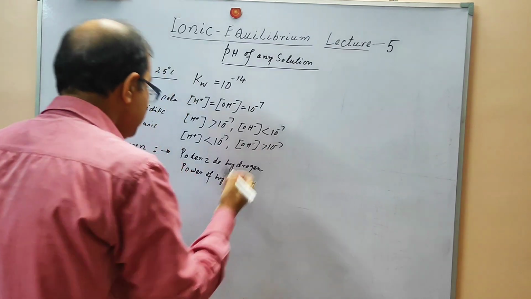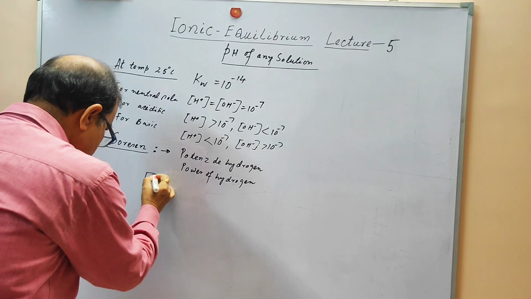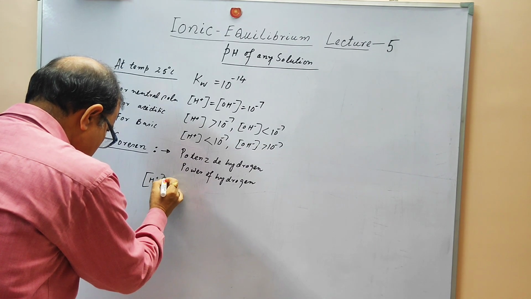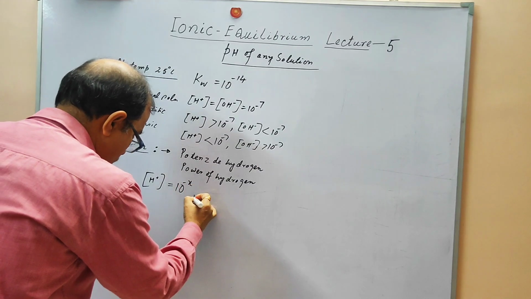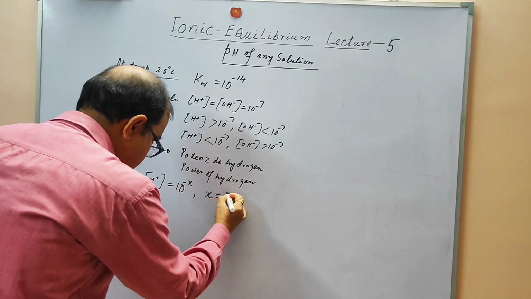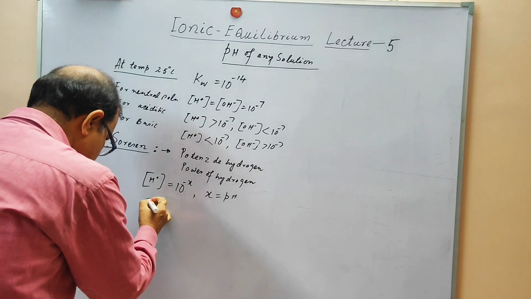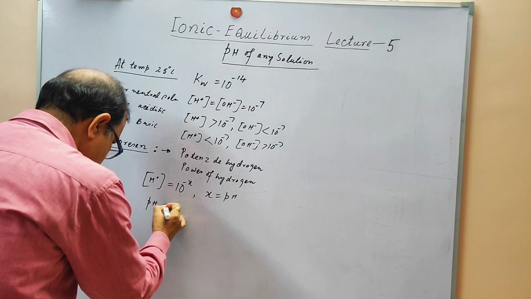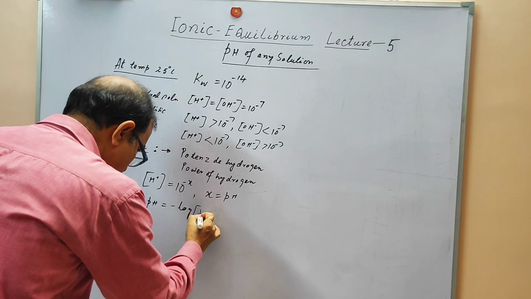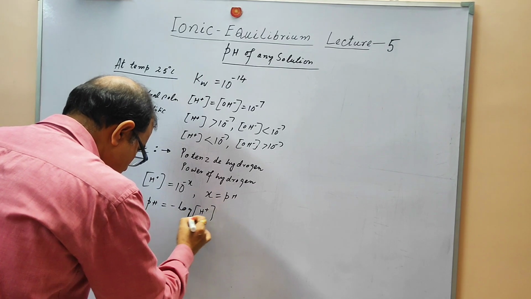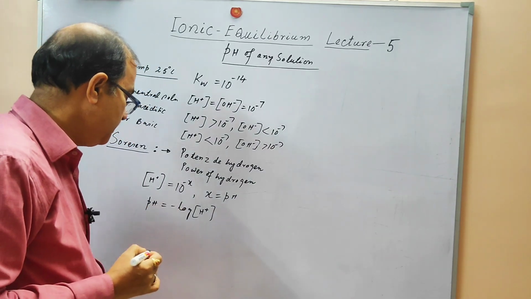And we can express the molar concentration of the H plus ion as 10 to the power minus x, where x is the pH. So we can simplify it: pH is minus log of the hydrogen ion concentration, where the base of the log is 10.